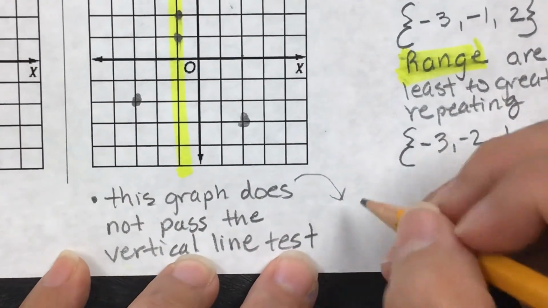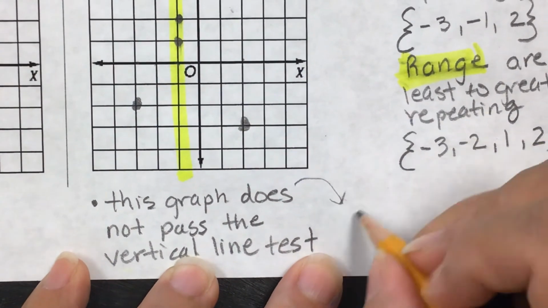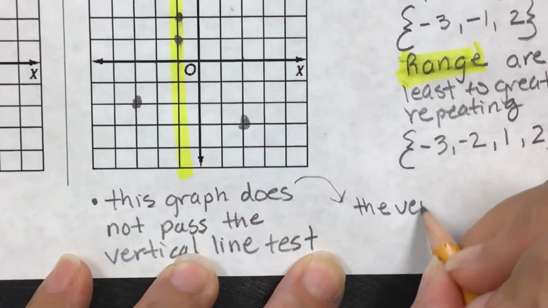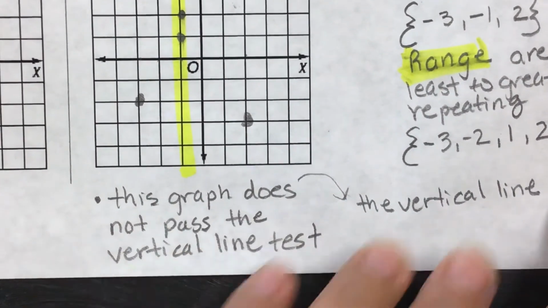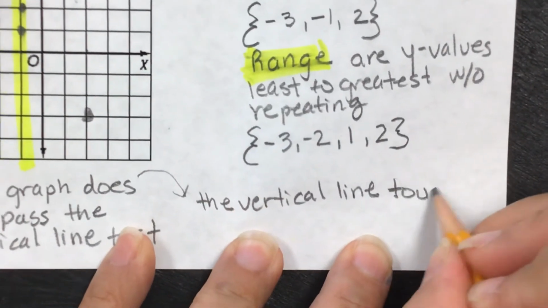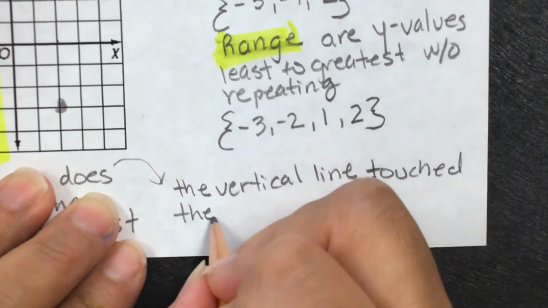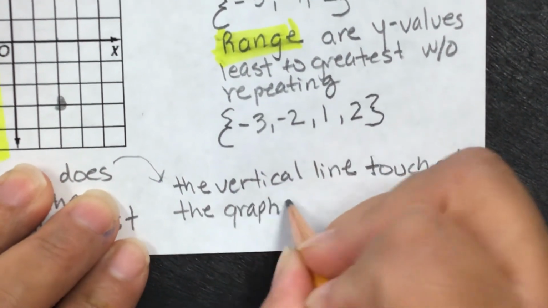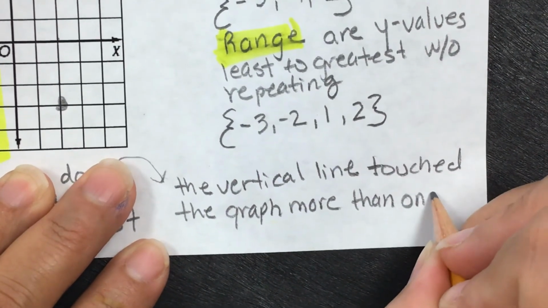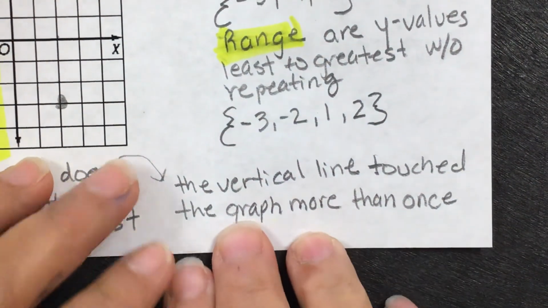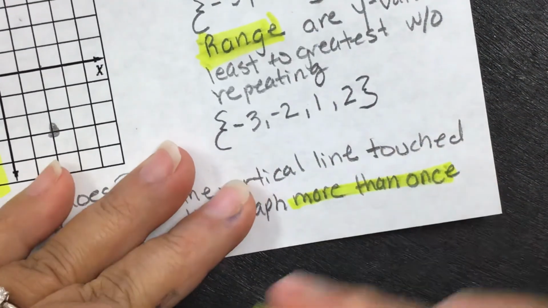It's because that one vertical line touched the graph more than once. It can touch it a whole bunch of times actually, but it just needs more than once to fail the test.